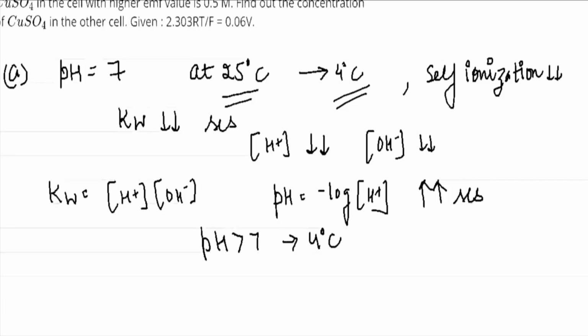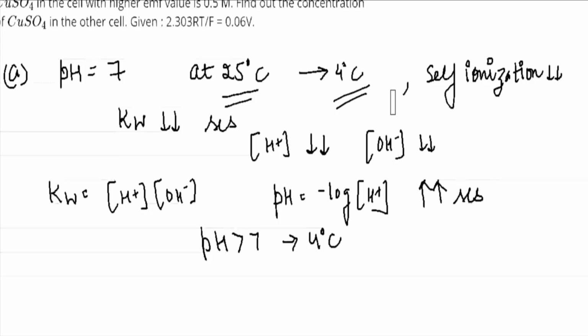In the second part, two students use the same stock solution of zinc sulfate and a solution of copper sulfate. The EMF of one cell is 0.03 higher than the other. The concentration of copper sulfate in the cell with higher EMF is 0.5 molar. Find the concentration of copper sulfate in the other cell.